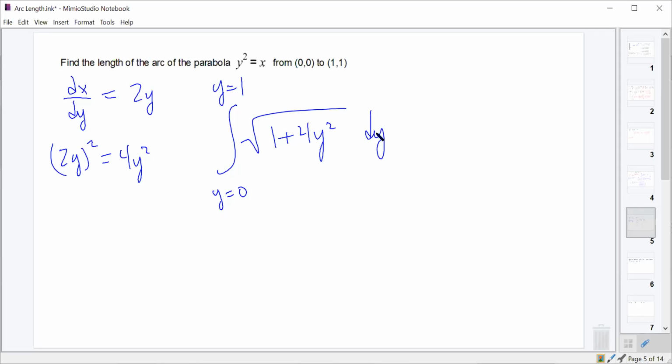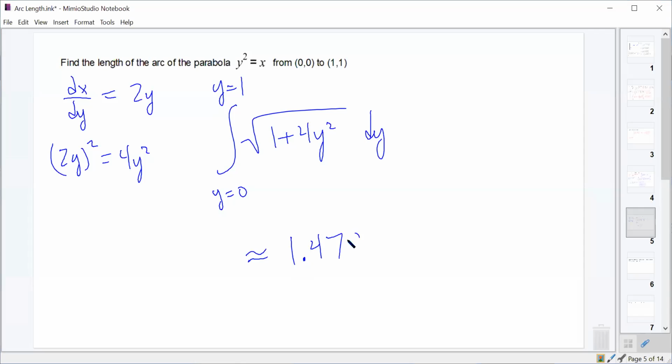Besides just using your calculator, if we wanted to go through, we could do a trig substitution, right? We could do a tangent substitution. But we can just approximate it. I don't mind just doing that for now. What does that come out to be?